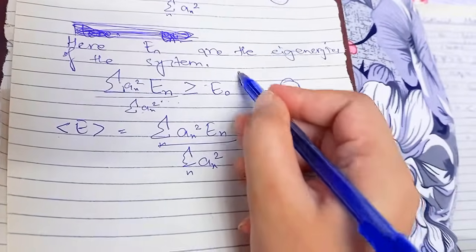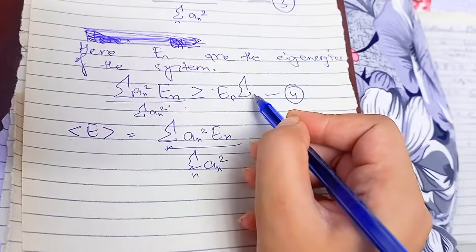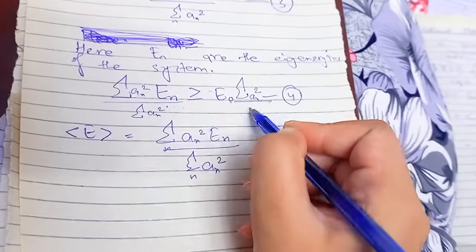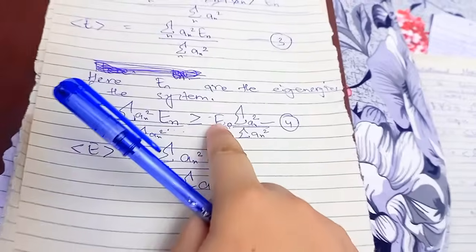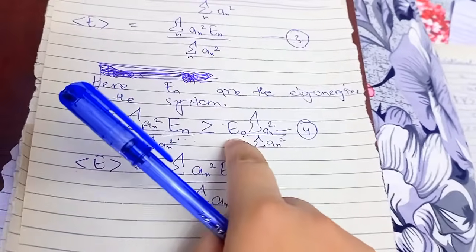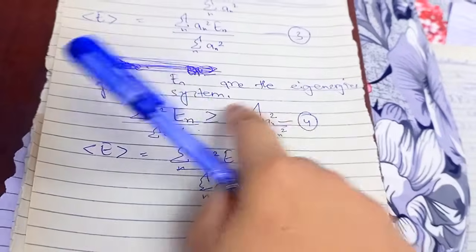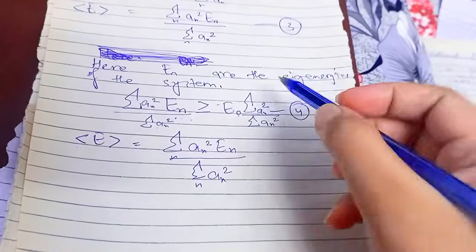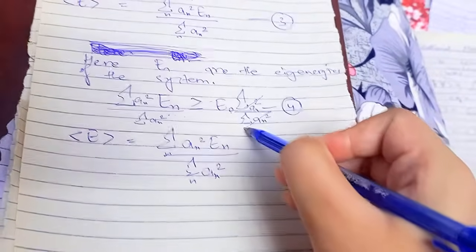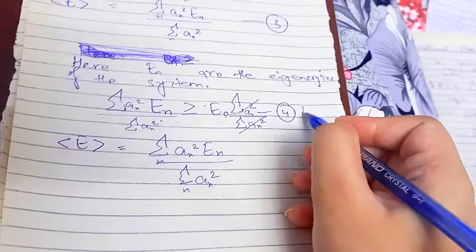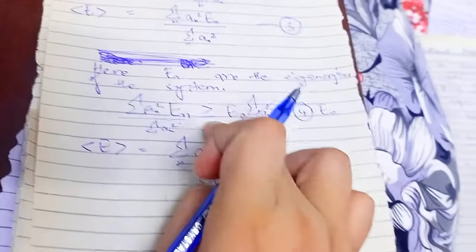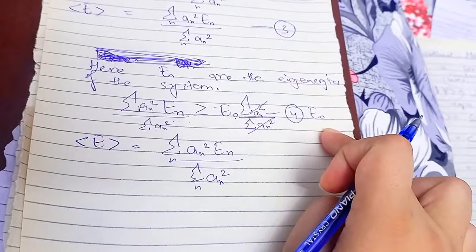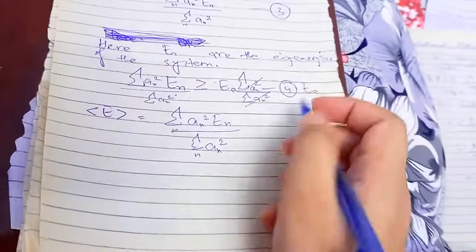The same could be done here since it's a constant, so it doesn't matter if the summation is written on the right side or the left side, because E0 doesn't have n in it, so it can come out of the summation easily, and above and below it will be cancelled out and we are left with E0. So this whole thing will be greater than or equal to E0 as well, right?